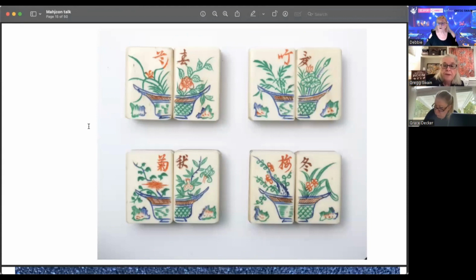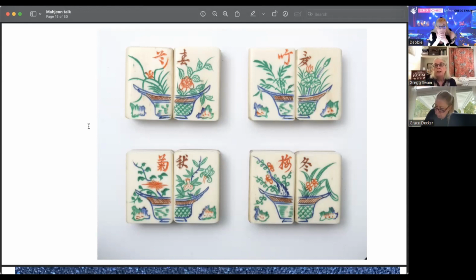Oh, these are so pretty. Yeah. And there's a lot of significance here to absolutely everything on the tile. But, believe it or not, they did start to run out of bone in China because China was very, very poor. And actually, the Mah Jongg business saved the Chinese economy in the 1920s.